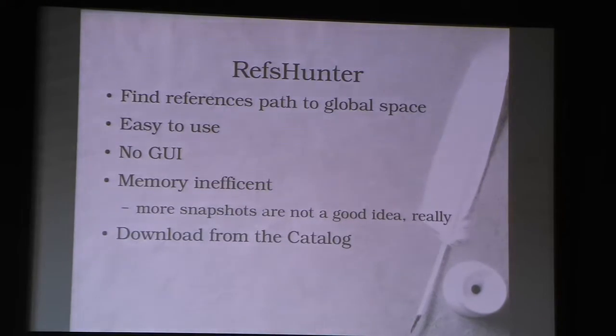So if you do that again, the second snapshot will contain the original object memory plus your snapshot. So it's not a good idea to make two snapshots from one memory. But as I said, you may ask several questions on the one snapshot, and you can download it simply from the catalog.